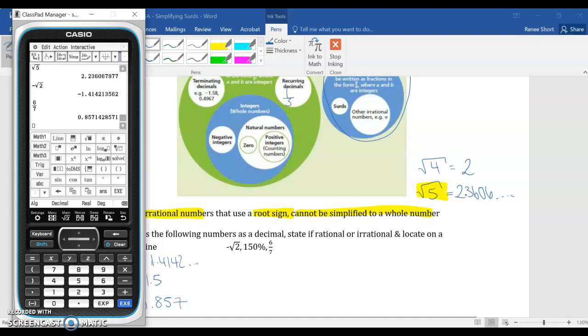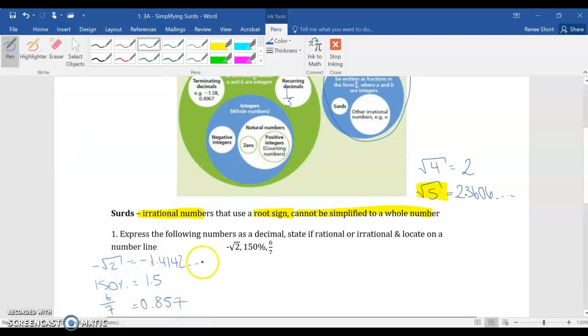That one does terminate though and ends. Now, we need to decide whether these numbers are irrational or rational. So our surd is an irrational number, and the next two are rational numbers. And the final part is we need to locate these on a number line.